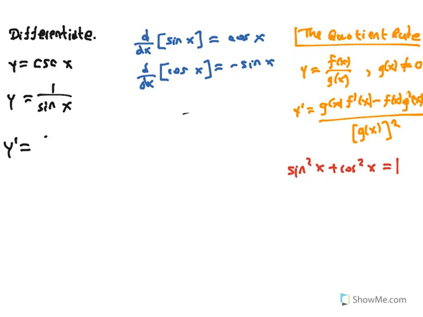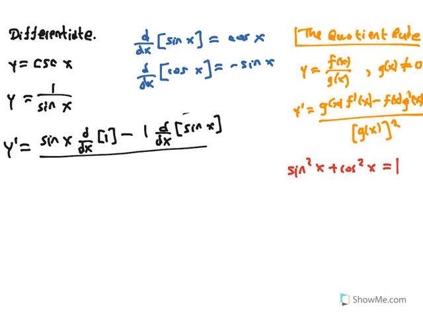So the derivative is equal to the denominator times the derivative of the numerator, minus the numerator times the derivative of the denominator, all over the square of the denominator.